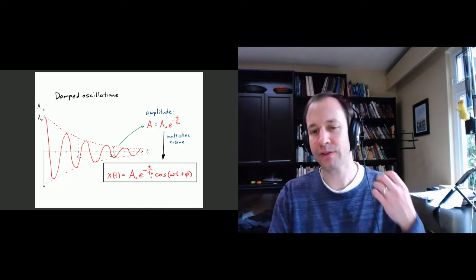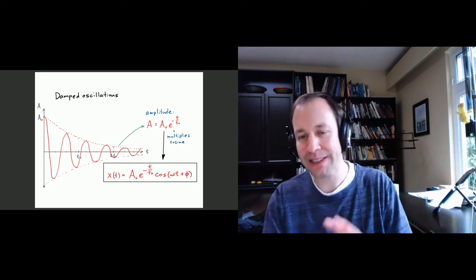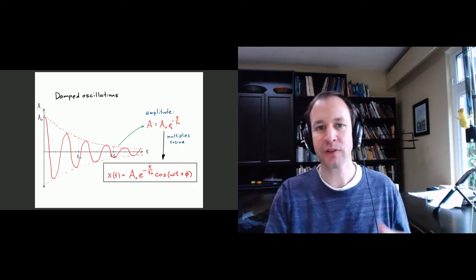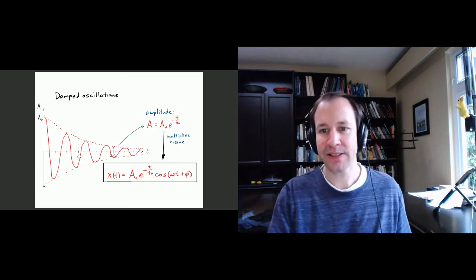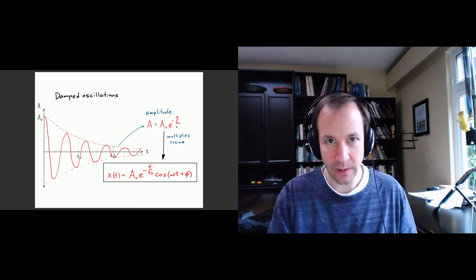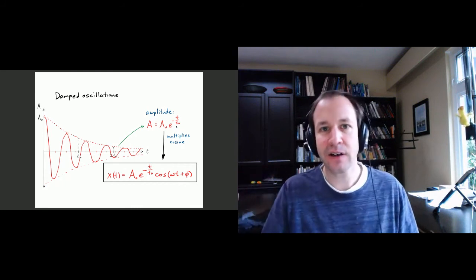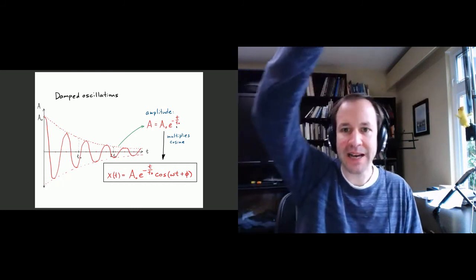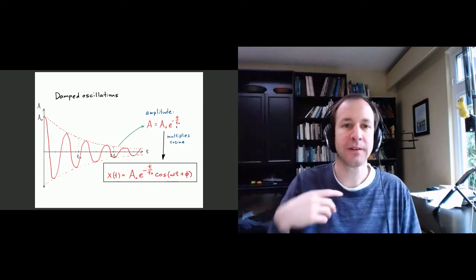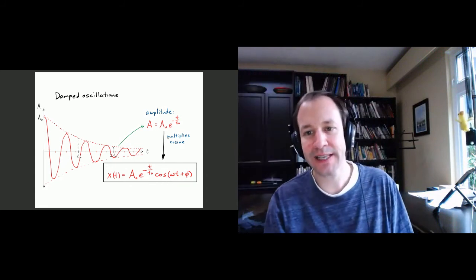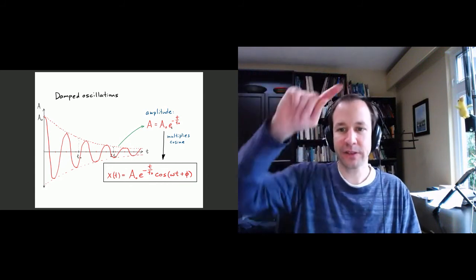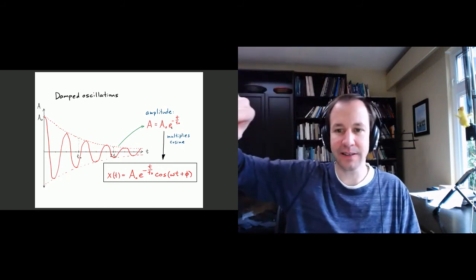Now, just one final comment. There wasn't really anything special about e. The only reason e is showing up here is the way that we defined t0. I could have alternatively said that t0 was the amount of time before the amplitude decreases by half, and then I would have had the same formula, but with 2 to the minus t over t0.